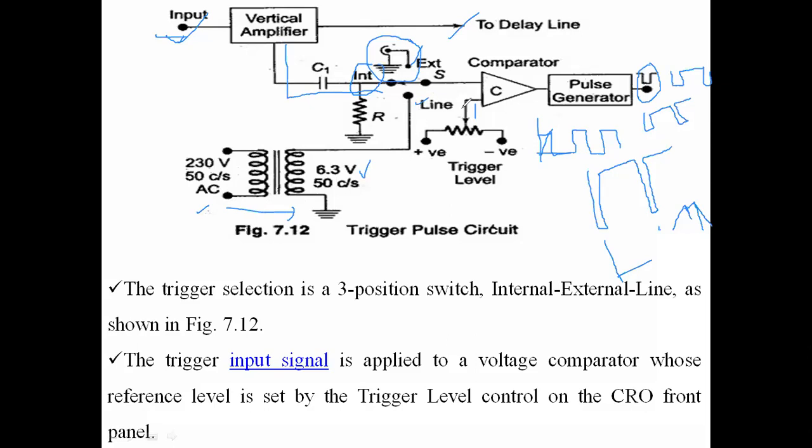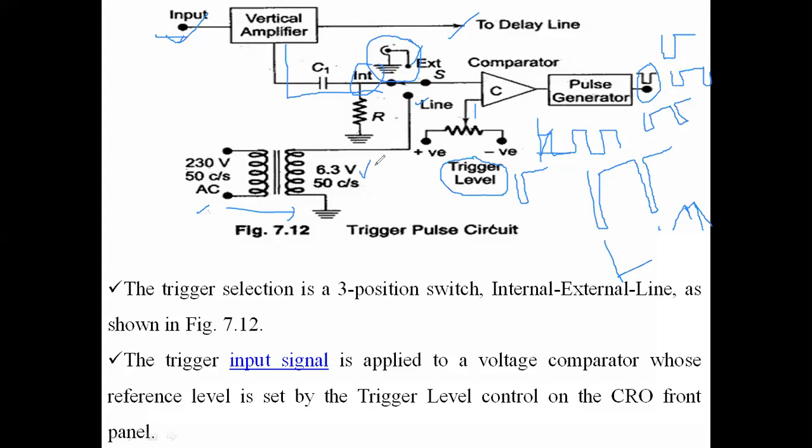This AC input signal is converted into trigger pulses. That depends upon the trigger level we choose. If the applied input voltage is more than this trigger level, the comparator output produces a pulse, which makes the pulse generator produce a pulse. The pulse generator will produce the trigger pulses.